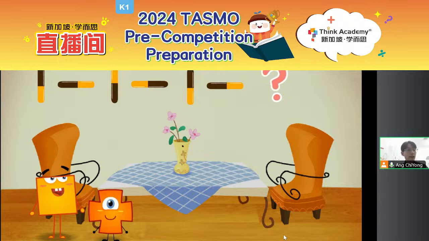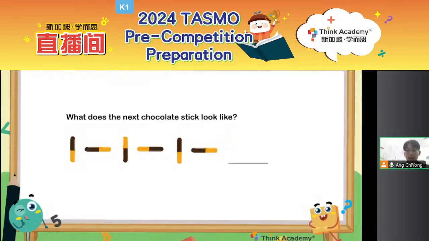Okay, so we have another object instead of a fork. What do we have here? We have a chocolate stick. And this chocolate stick, it is not looking the same, right? All of the chocolate sticks are facing different directions. Okay, so now I want you guys to take about 2 minutes to observe carefully and try to answer the question.